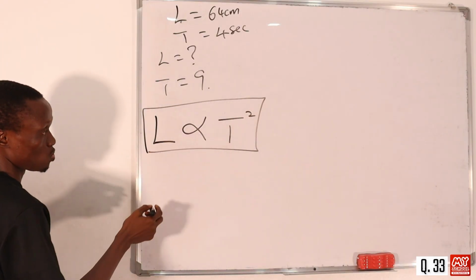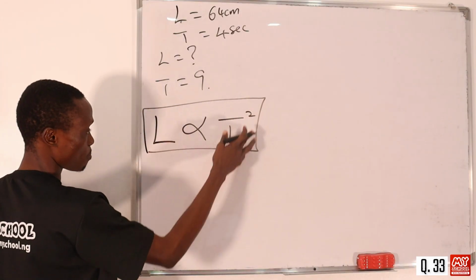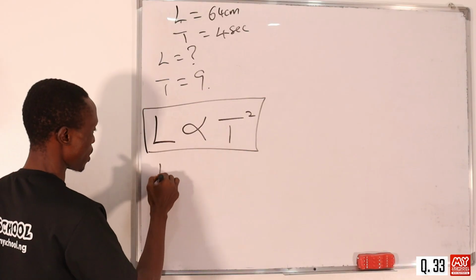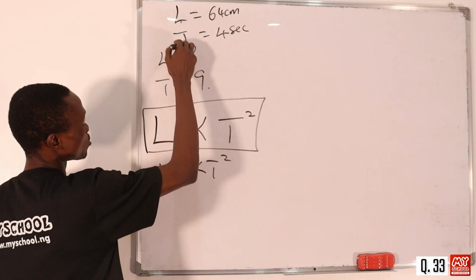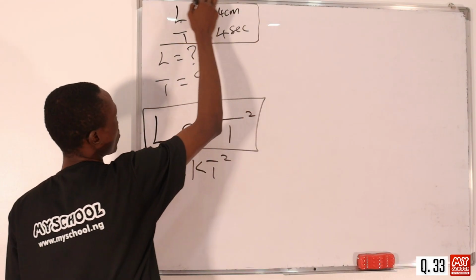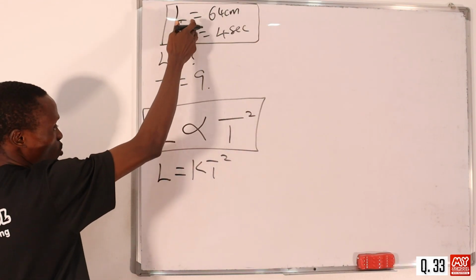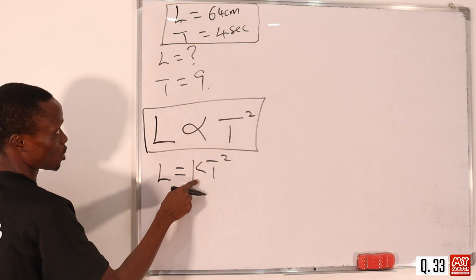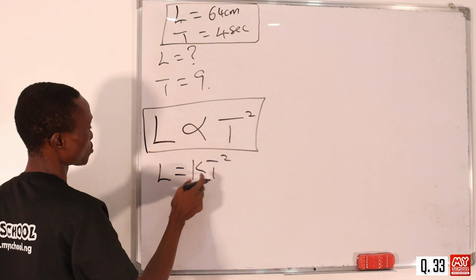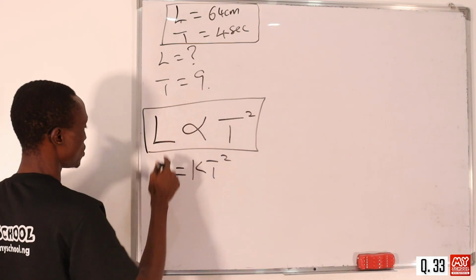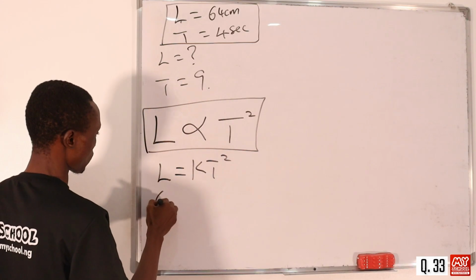We have to introduce a constant K, so that we can make an equation from this. So L will now be equal to KT squared. Okay, so the essence of the first values of L and T that are given to us is so that we can find the value of the constant. So let's substitute. So here we'll be having L is 64.